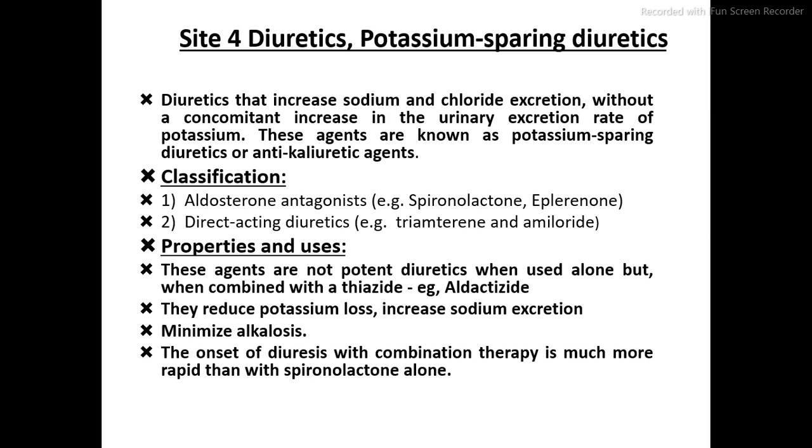One is the aldosterone antagonist, examples are spironolactone and eplerenone, and the second one is the direct acting diuretics, examples are triamterene and amiloride. Regarding the properties and uses, these agents are not potent diuretics when used alone, but when combined with a thiazide.